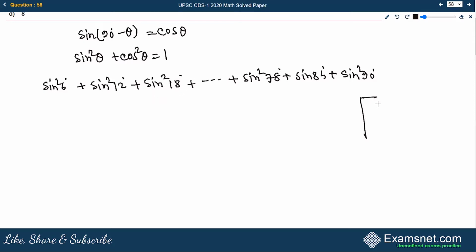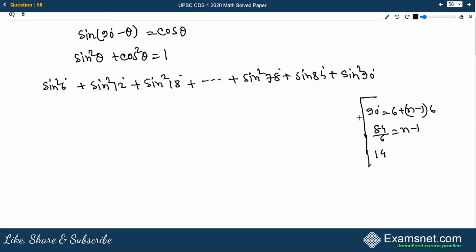So with the help of AP, we can find how many terms are there. Let's say the nth term is 90 degree. That means 90 degree equals 6 plus (n minus 1) times d. D is here 6 because there is a gap of 6 degree. So 84 equals 6 times (n minus 1).